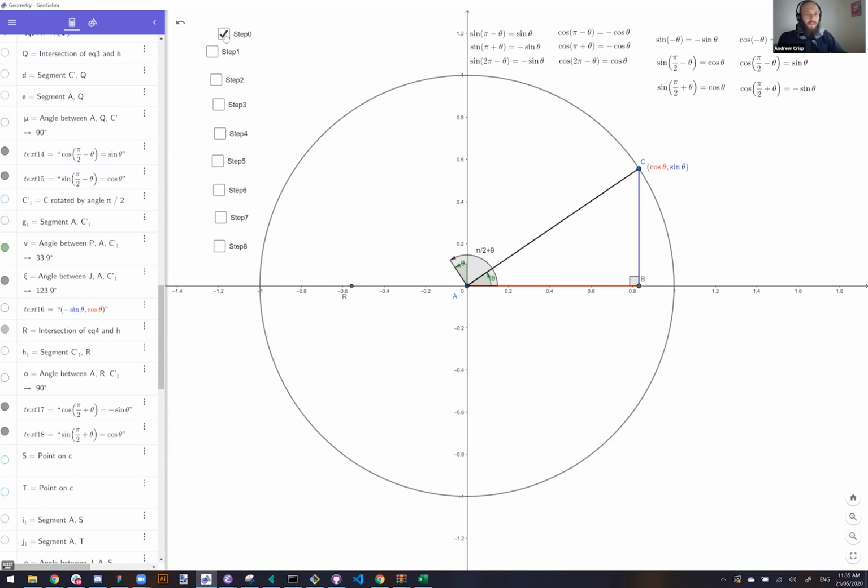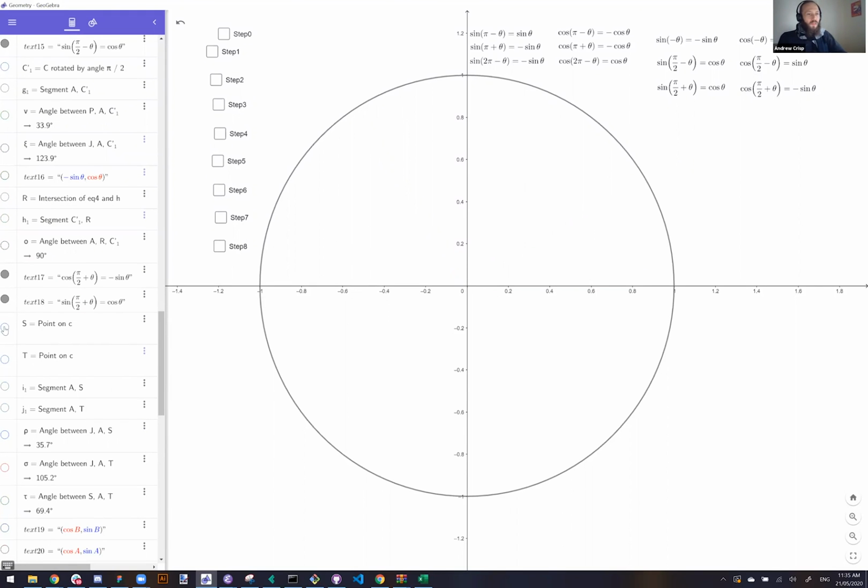Okay. So for the next section, let me just get rid of these angles that I don't need anymore and this point. For this next section, I'm going to start with 2 points on the unit circle, and I'm going to call them P and Q. And they can be anywhere I like around the unit circle.